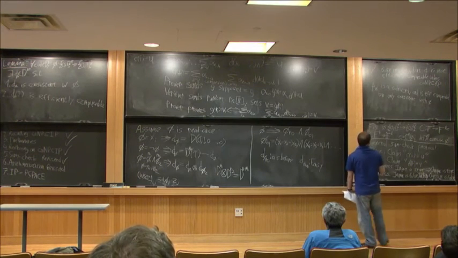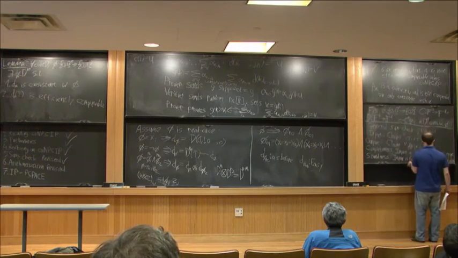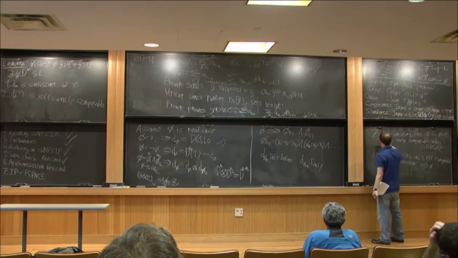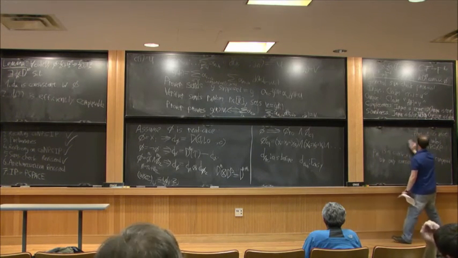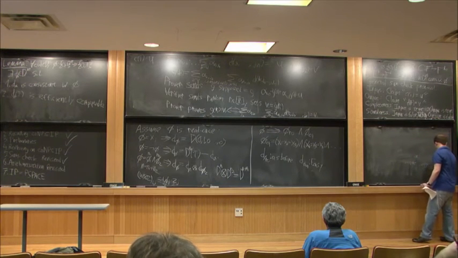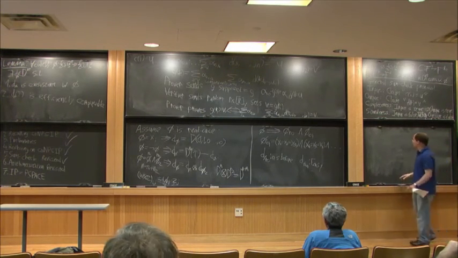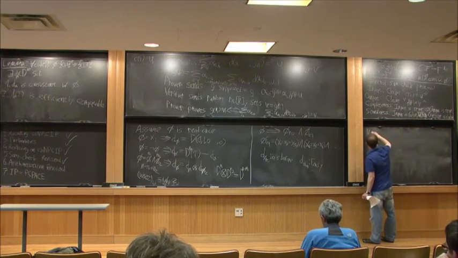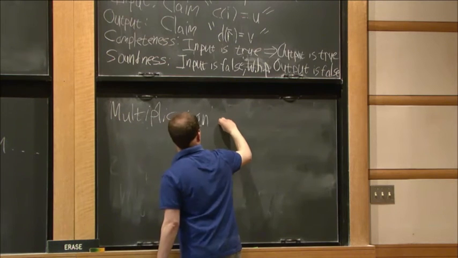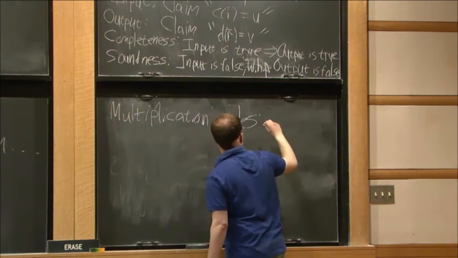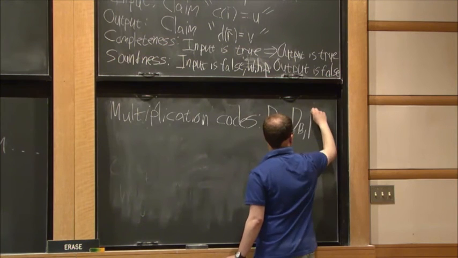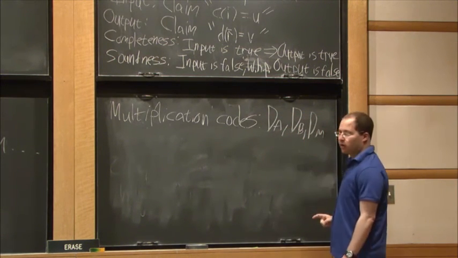And to this end, we use a tool called multiplication codes, which is a triplet of codes that satisfy the following property.